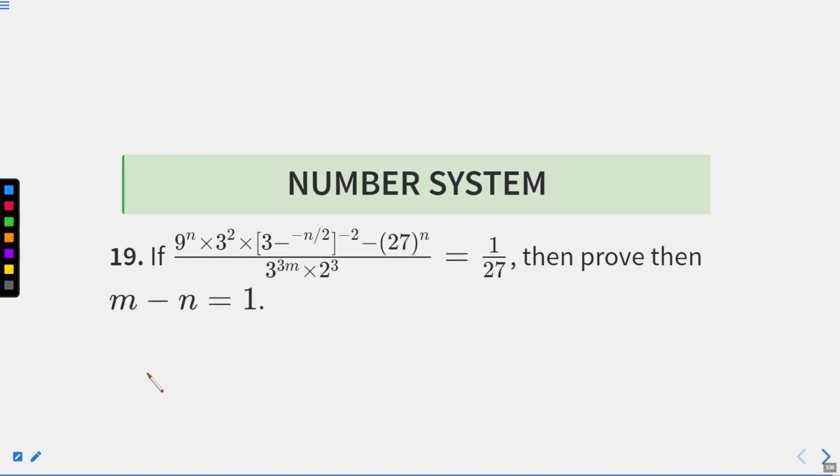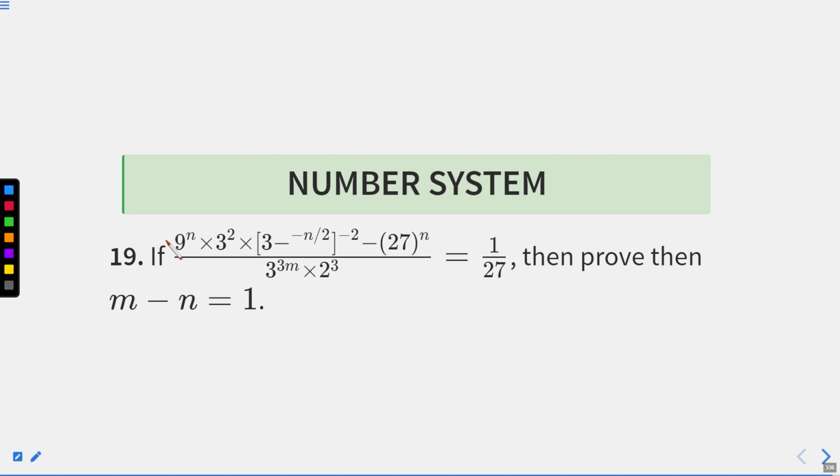Now this question, I strongly recommend that you must try this, because in this question you will face many difficulties if you are not familiar with the concepts I told you. I gave you an exercise for homework.